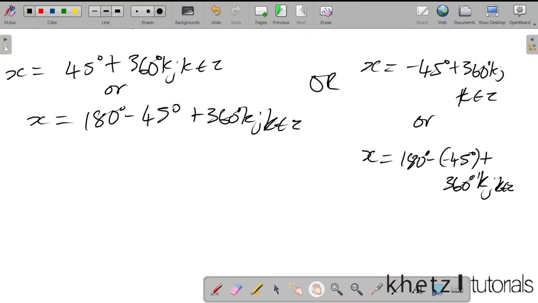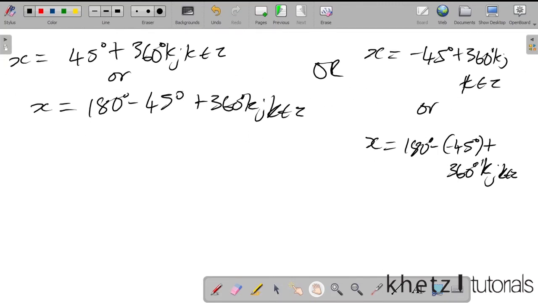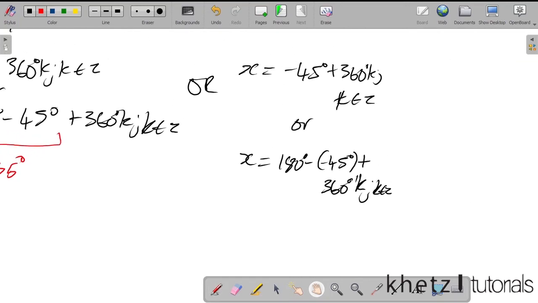Okay, so now that we have that, we can basically simplify everything, and here you'll see that if we simplify this, we basically just have 135 degrees over there, and if we come to this point here, we have the addition of these two, which is going to lead us to 225 degrees.